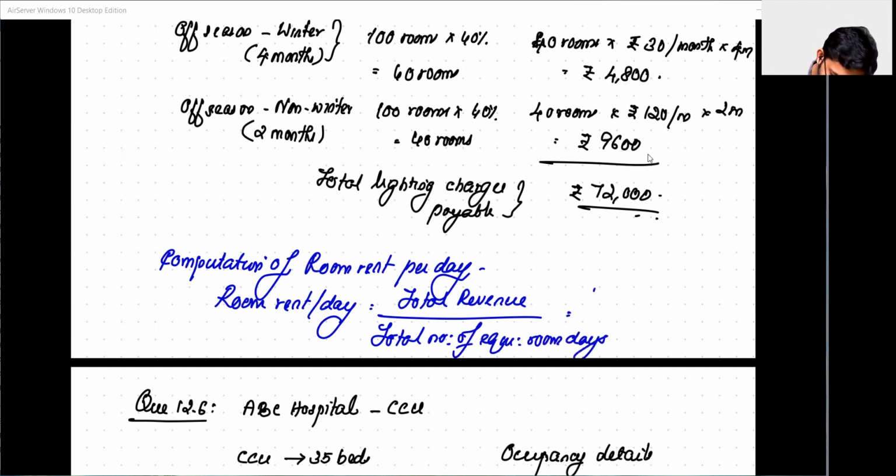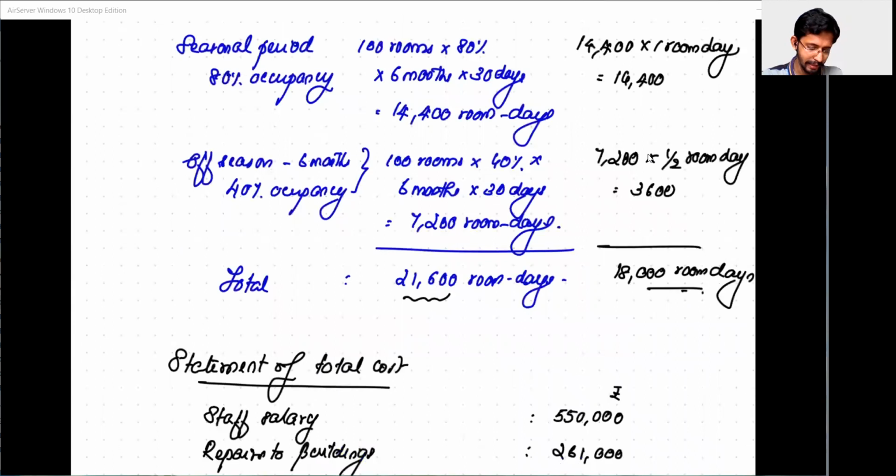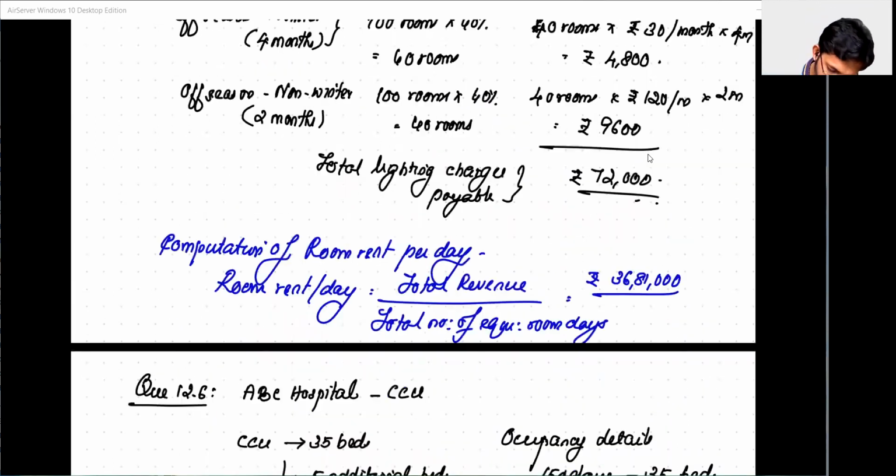That is equal to 36,81,000 divided by the number of room days. Number of room days we have already computed in the beginning, 18,000. So that is equal to rupees 204.50 per room day. So this is the standard room rent per room day during the season periods.